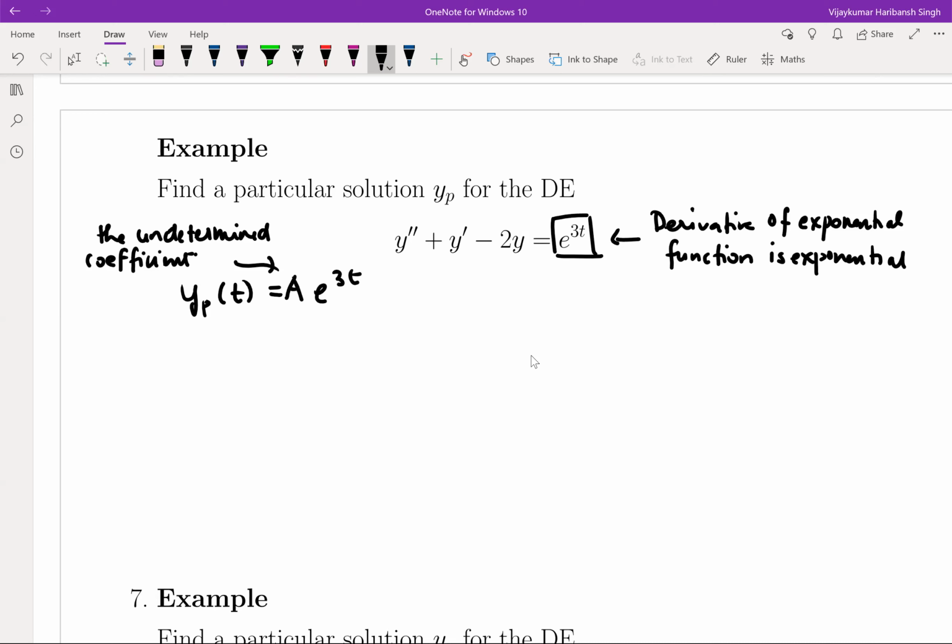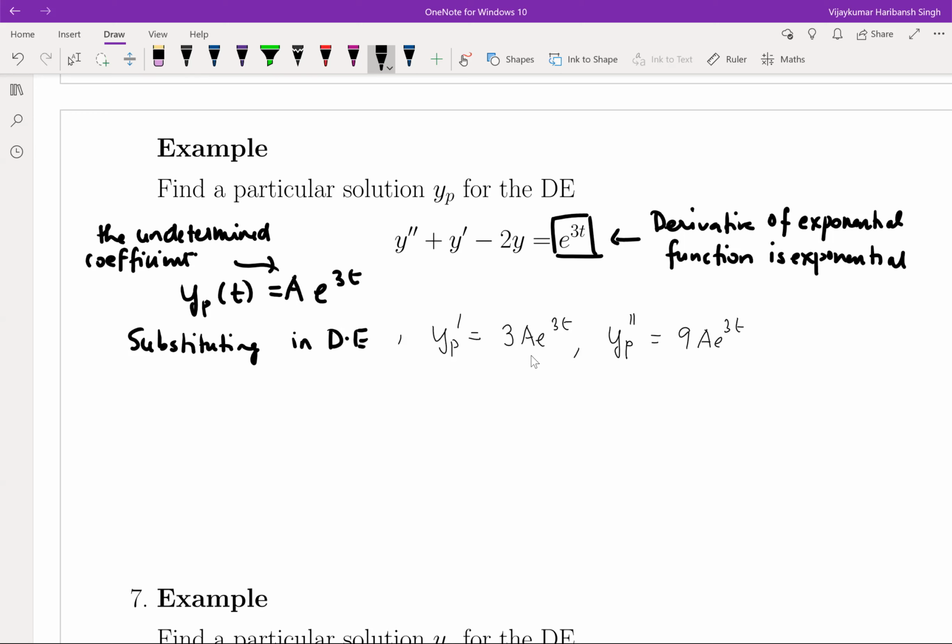Let's take yp to be this and plug it into the equation. So substituting in the differential equation, what do we get? What is y double prime here? yp prime is 3a e to the power 3t, so yp double prime is going to be 9a e to the power 3t.